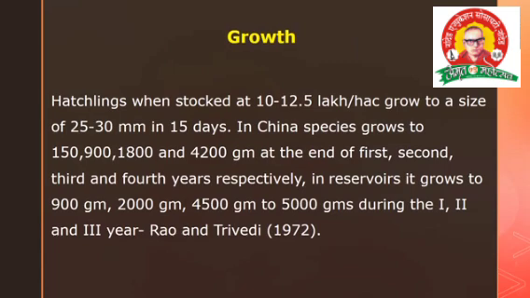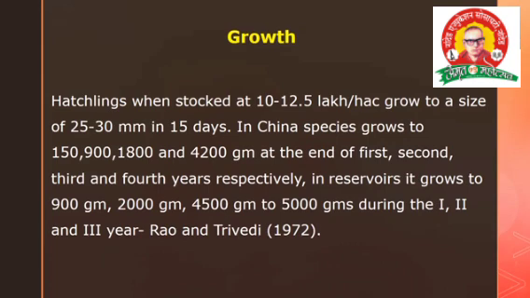Then about the growth. What is the growth of silver carp? Hatchlings, when stocked at 10 to 12.5 lakhs per hectare, grow to a size of 25 to 30 mm in 15 days.